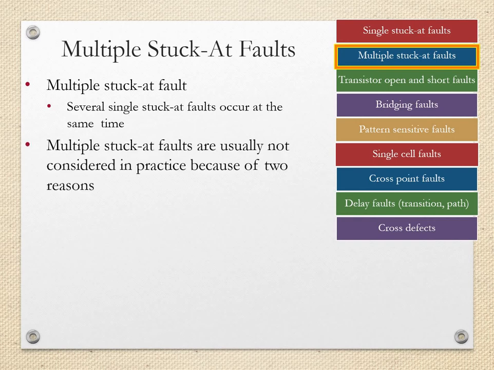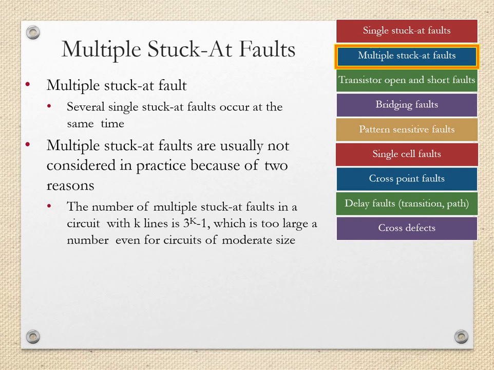Multiple stuck-at faults are usually not considered in practice because of two reasons. The number of multiple stuck-at faults in a circuit with k lines is 3 raised to k minus 1, which is too large a number even for circuits of moderate size.